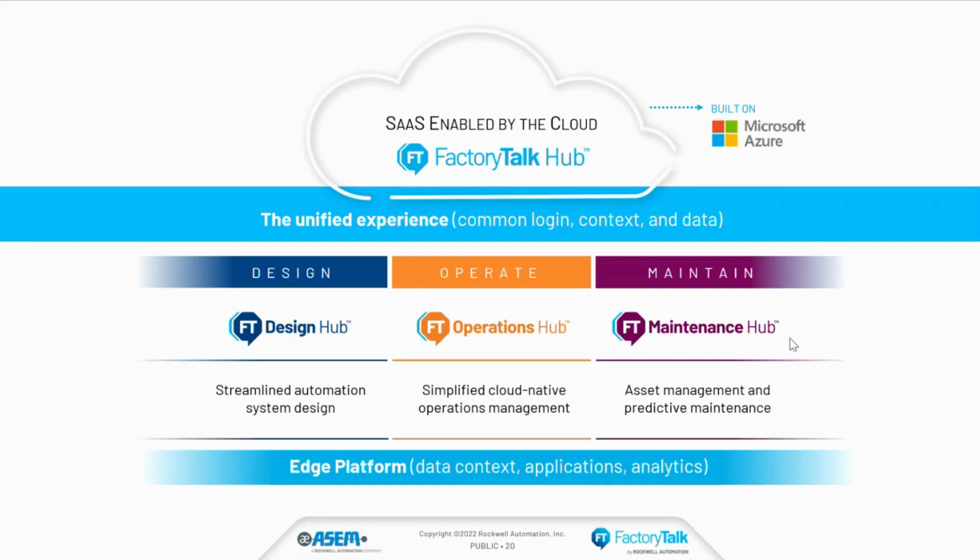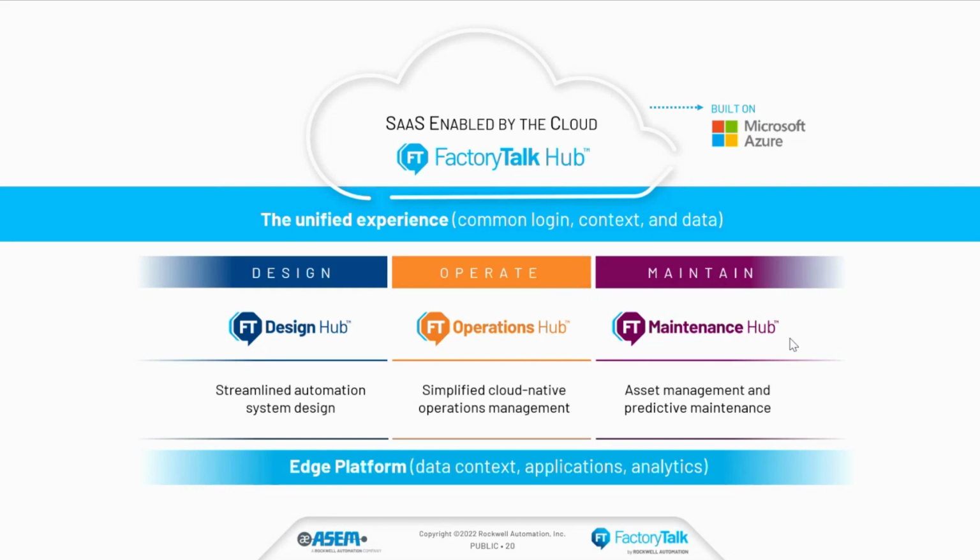So about FactoryTalk Hub, just a little aside, just to describe it for those who are not aware, FactoryTalk Hub is Rockwell's portal for their cloud-based software and services. It is composed of three sub-hubs, so to speak. There's the Design Hub, which is software dedicated to streamlining your automation design process.